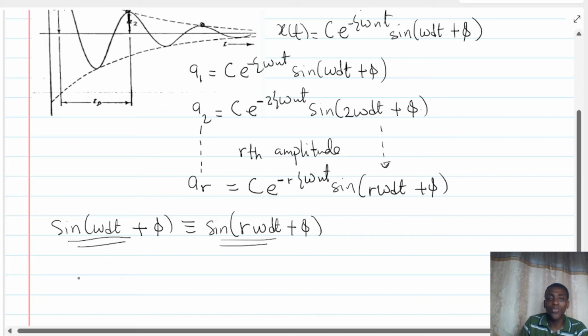If this is true, let's say this is equation 1 and this is equation 2.